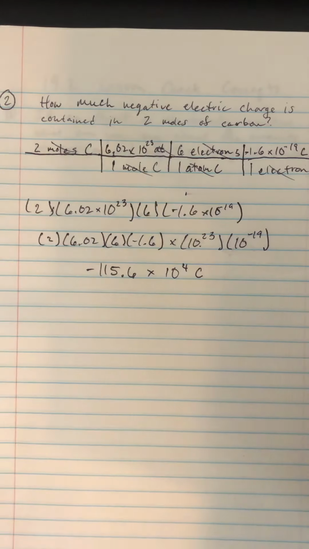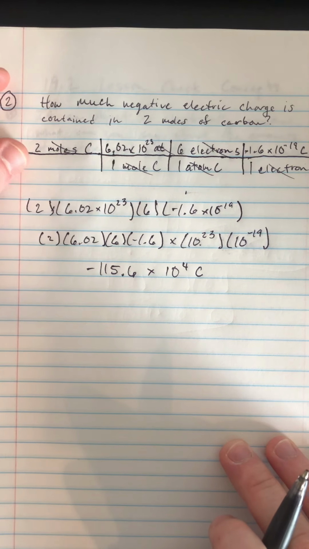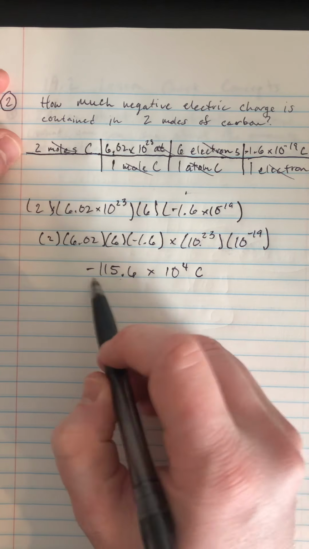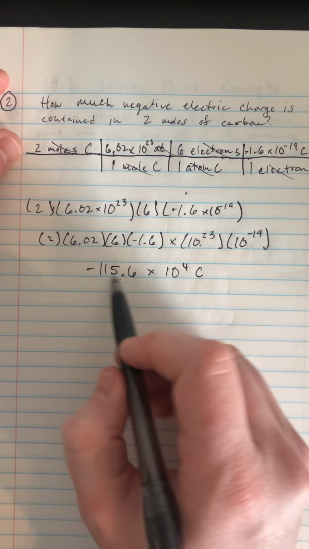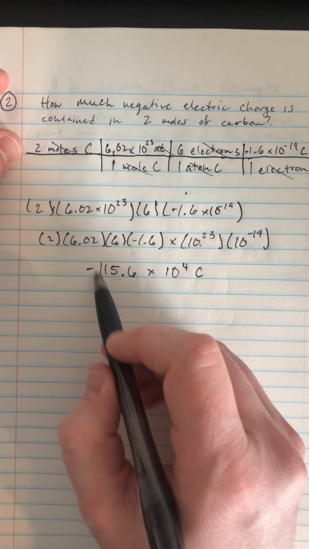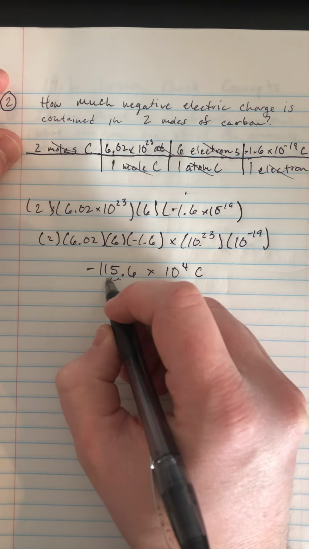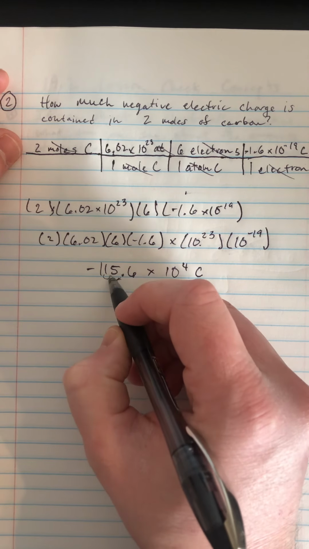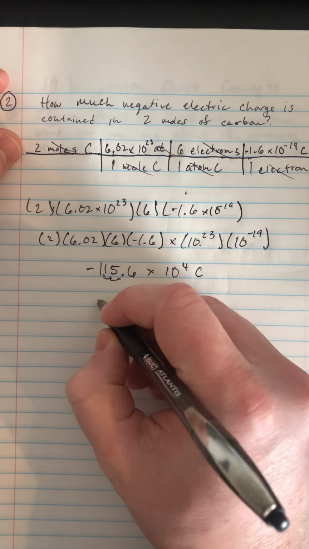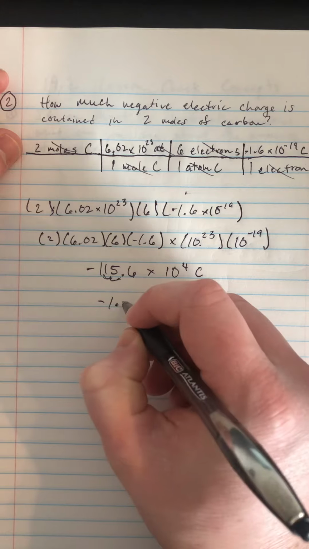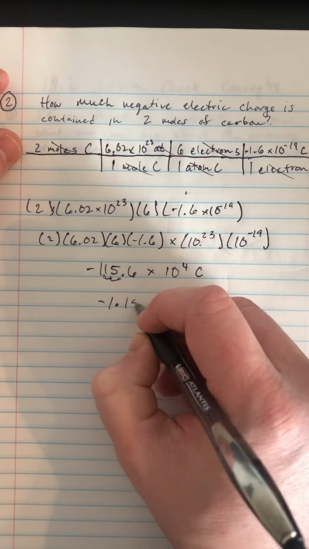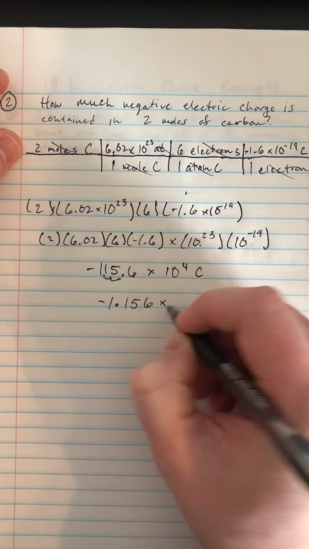Now, for those of you that just plug it into your calculator, you'll probably get something different, because in scientific notation, right, we shouldn't have 115. We should have a single number and then the decimal point. So if we move this 2 more places to the left, 1, 2, that'll give us negative 1.156 times 10.